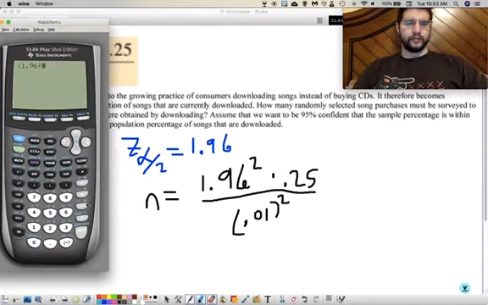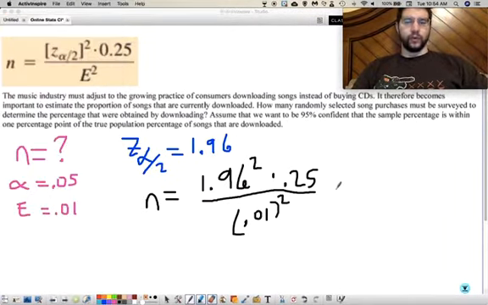Square that thing. .01 and square it. So numerator in parentheses, denominator in parentheses makes you square things appropriately. 9,604.